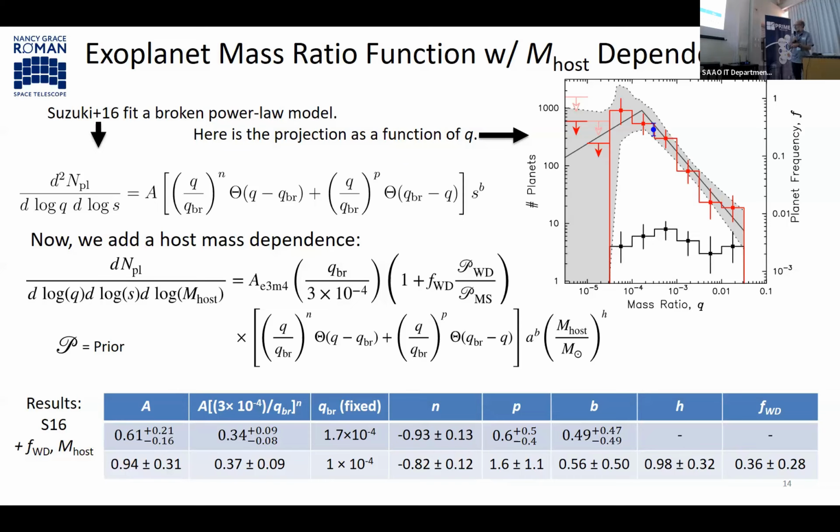And here we find a fraction of white dwarfs of about 0.36 plus or minus 0.28. So it's maybe around a third with only one detection. We don't have very high significance there, but also we don't measure masses for all the planets, and so some of the other ones could be white dwarfs as well.